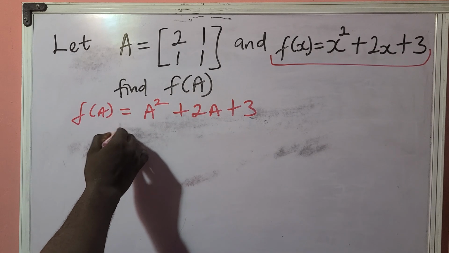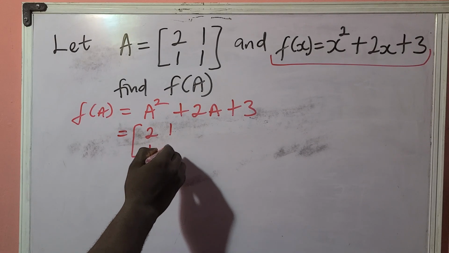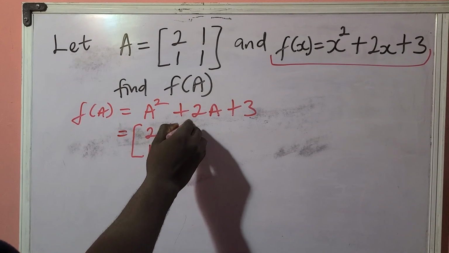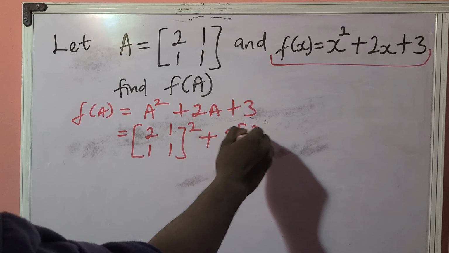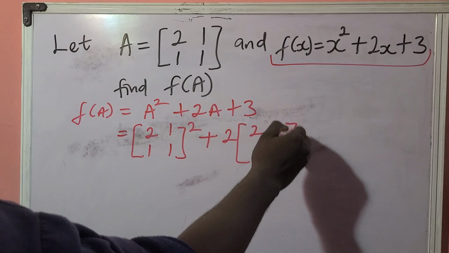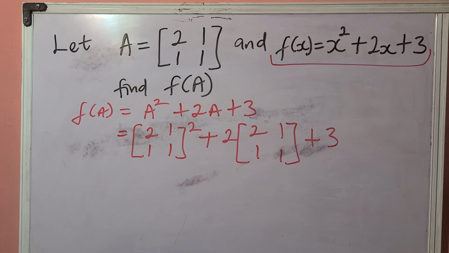If we fix this directly, we'll have what we have here squared, plus 2 times what we have here, plus 3. Now, this looks like a better place than where we were when the question was given. So let's see how to resolve this.